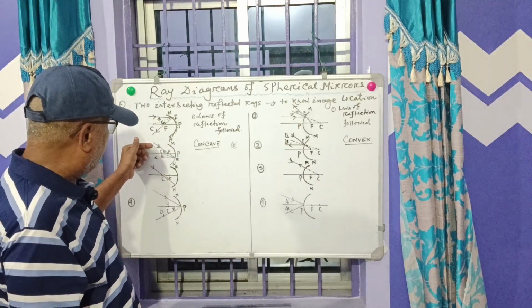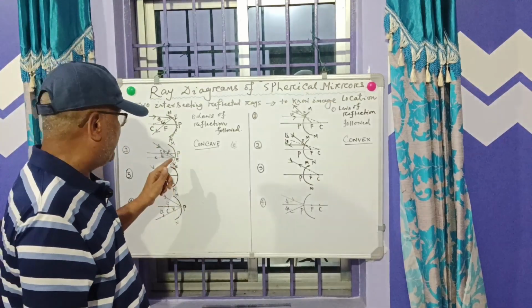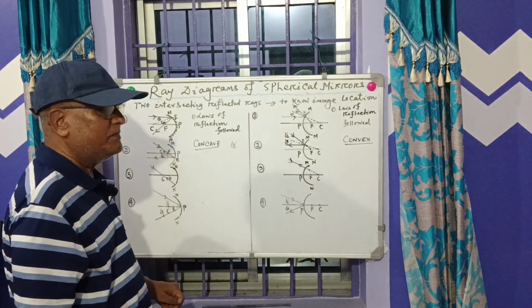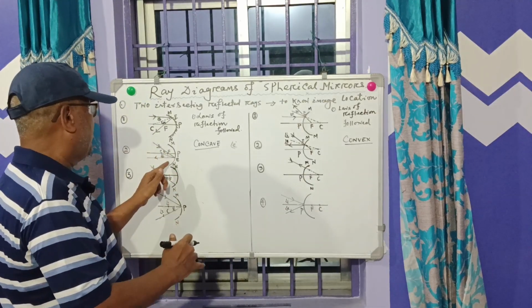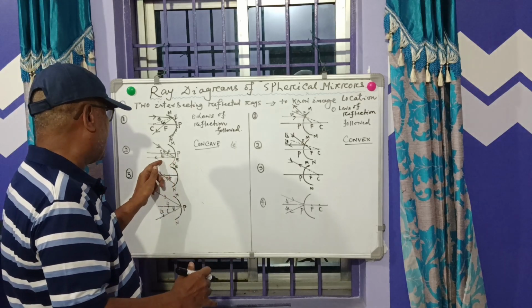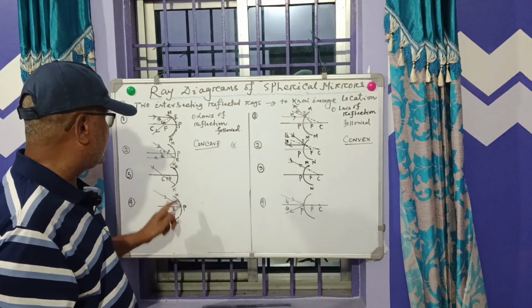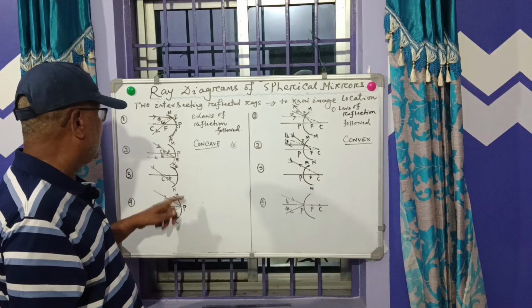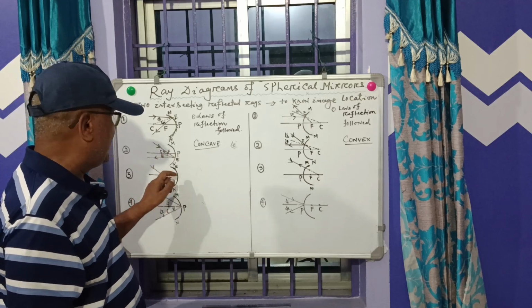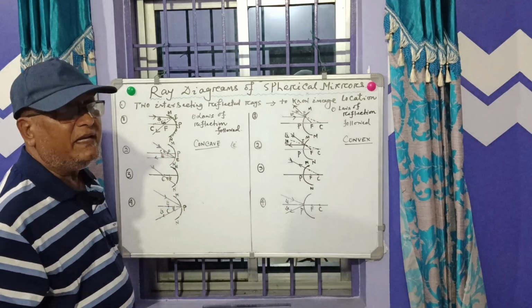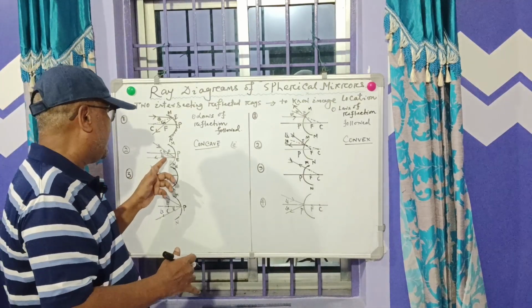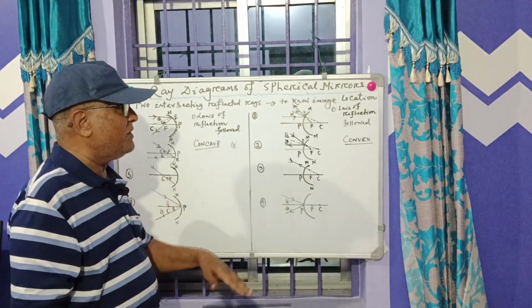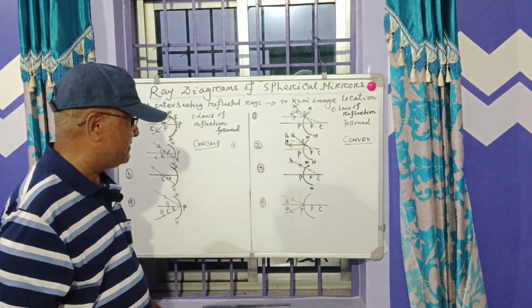A ray passing through the principal focus after reflection travels parallel to the principal axis. And here CE is the normal to the point of incidence. So angle of incidence is equal to the angle of reflection as per the laws of reflection.